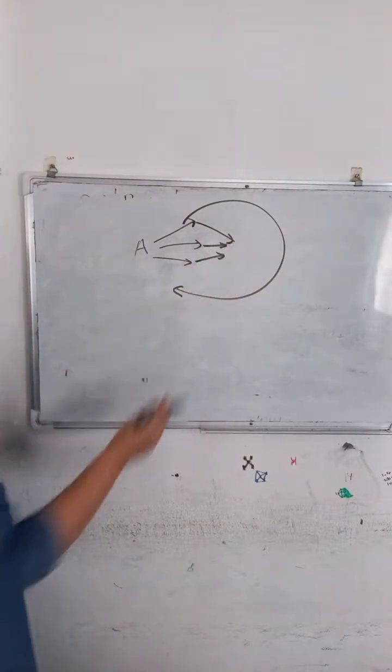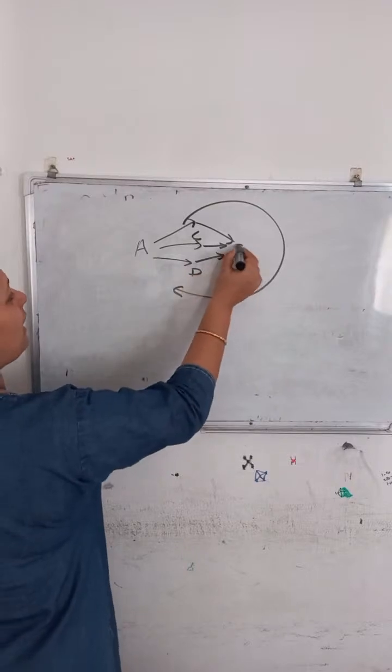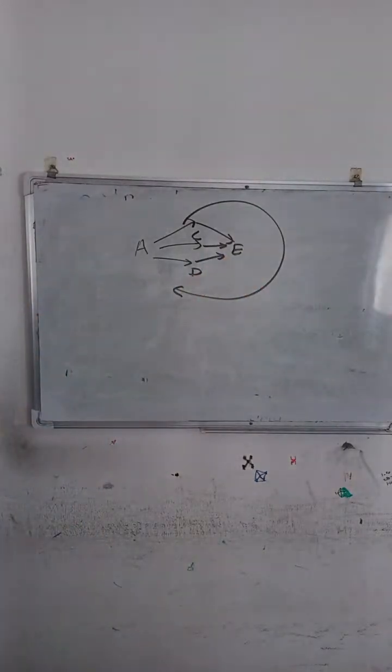So this is formed. This is nothing but C, this is D and here E. This is the diagram given. Then here they wrote somewhere as B. Okay, that's it. This is the diagram given.